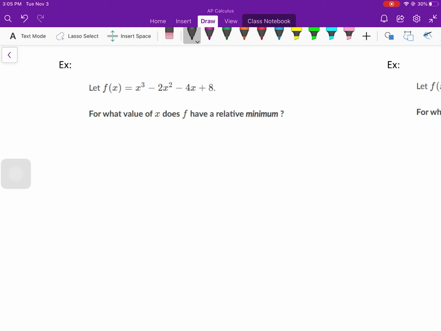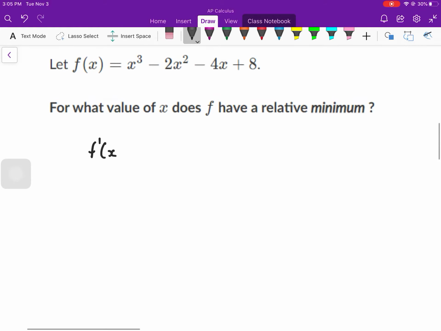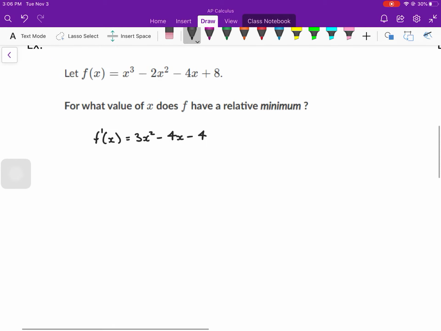So let's start by finding f prime of x. And then we got to factor it. So unfortunately with this one, we're kind of stuck because 3 doesn't factor out.